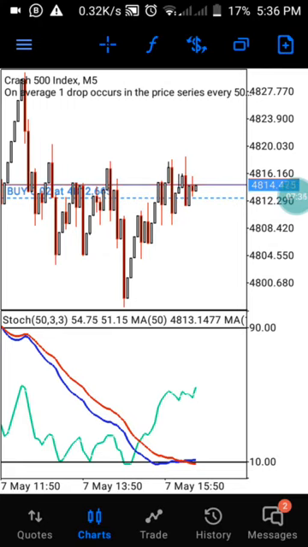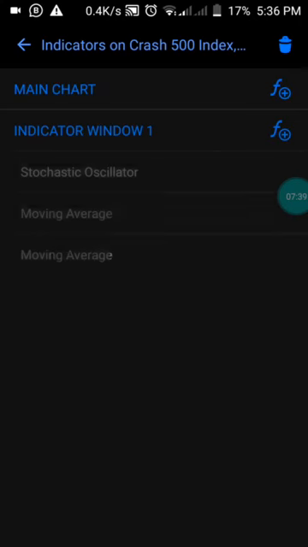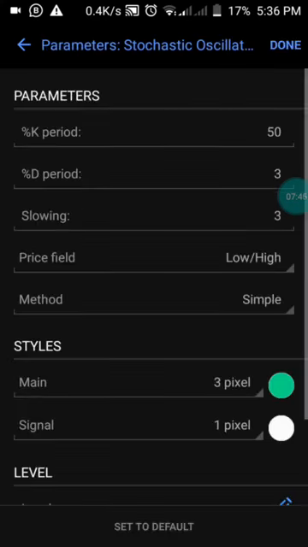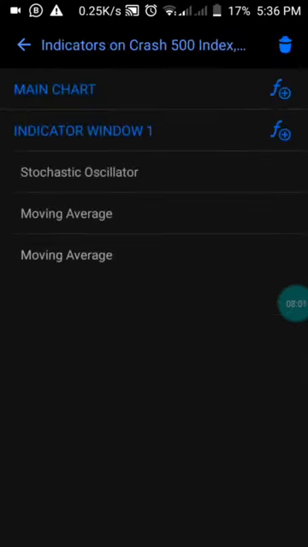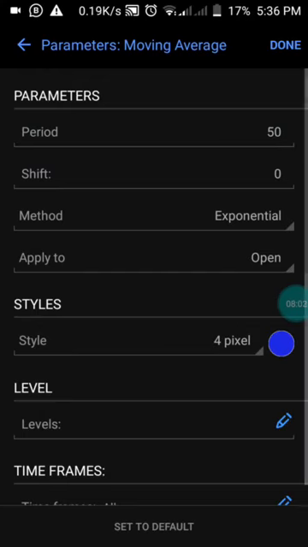So let me show you the settings of this strategy. For these settings, what you need is just 3 indicators. You see, we have the first one, the stochastic oscillator. We have the period of 50, we have the period of 3, and we have the slowing of 3. We have the price field of low/high, and we have the method to be simple. Then we have our style to be in this color. You press done. Then you have the moving average, period of 50.